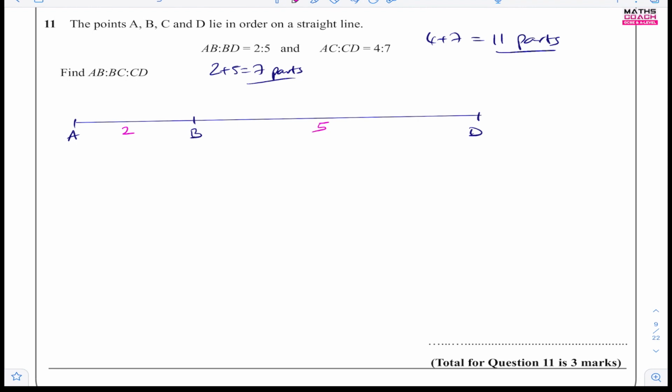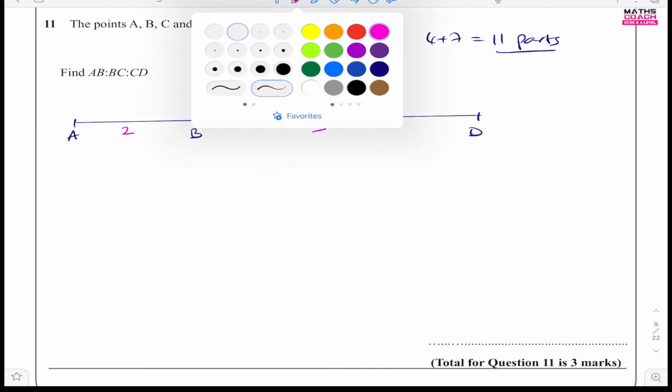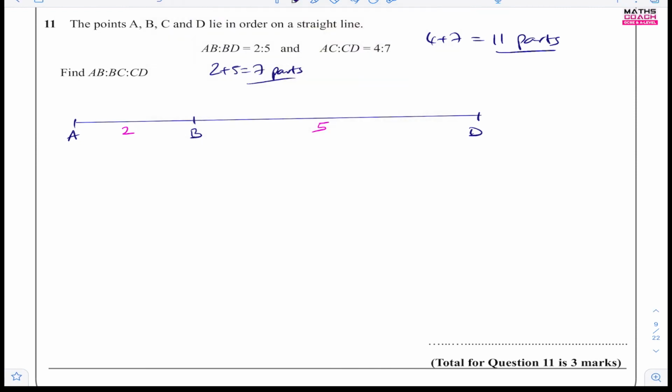If we do the same thing for the second line, so A to C and C to D, so A and D, and we have C, let's just say roughly around here. For the second one, we are told that A to C is 4 and C to D is 7.